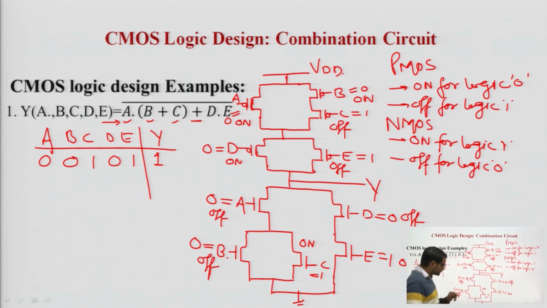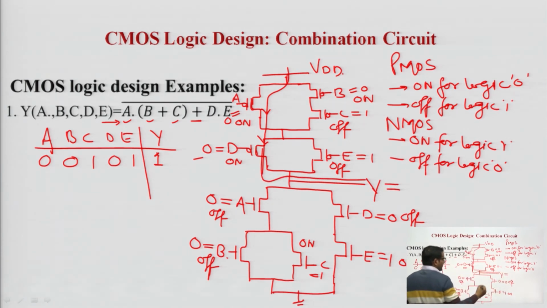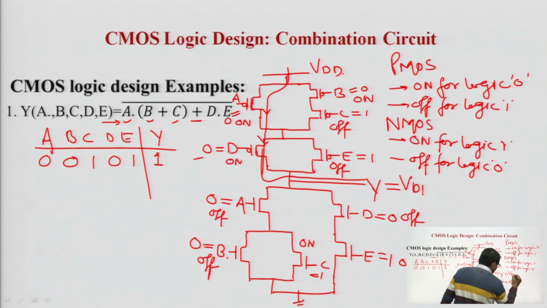So if this PMOS is on, or for input D the PMOS is on, it will be connected. This is on, this will be on. It goes to output Y, and output Y will come at VDD, that is the logic 1.